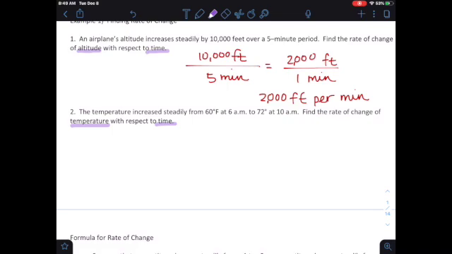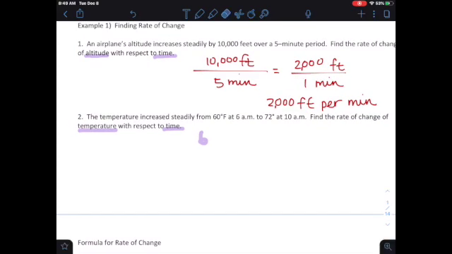So temperature is going to be, I'm going to do 60 degrees temperature, and then don't forget the formula says change in y over change in x.